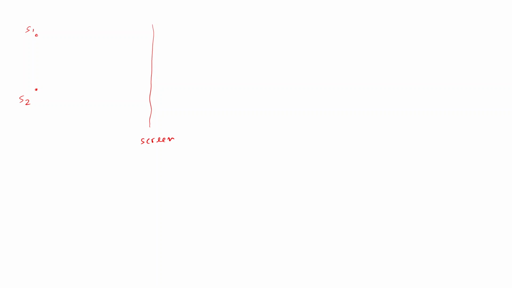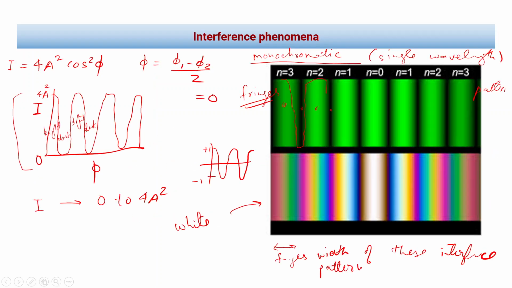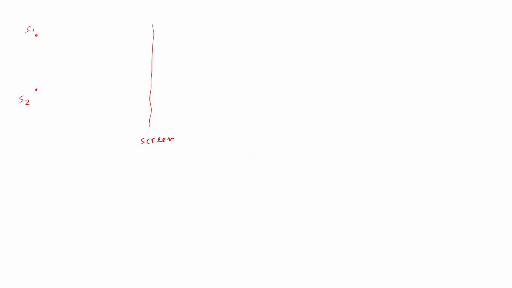On this screen we see the kind of pattern I am telling you about after the two sources interfere, and the resultant pattern we'll observe here. The bright and dark pattern will happen here, depending on where these two waves are interfering.